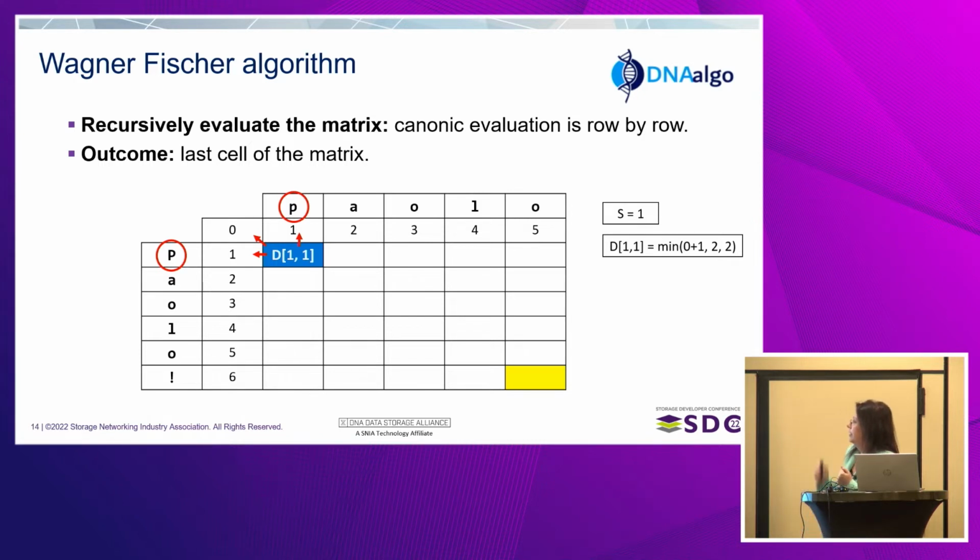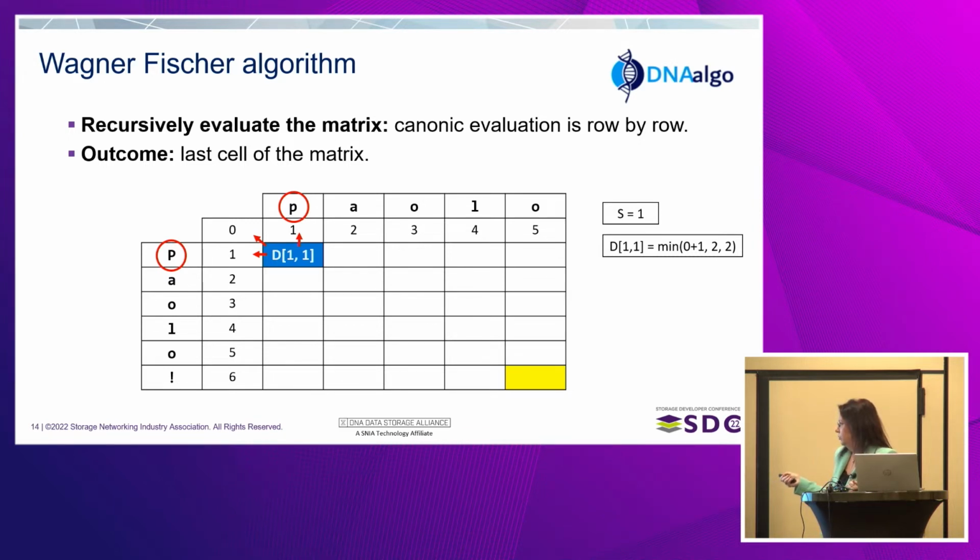So suppose that now we want to fill up the blue cell. First of all, we need to understand the penalty. So we compare the first char, P, with the other char, which is P, but with a capital letter. In this case, we have a penalty of 1, because it's not the same char. So the first formula will be 0, which is the value on the diagonal, plus the penalty, plus 1.